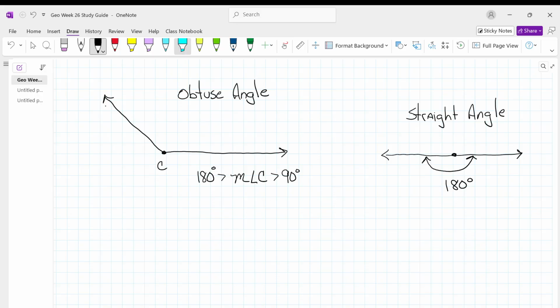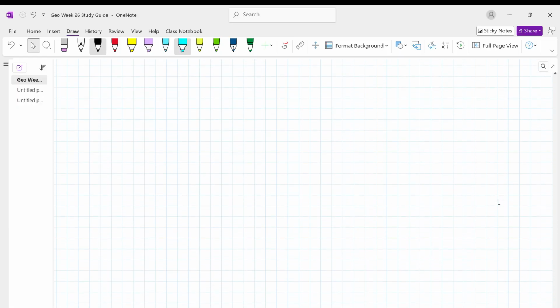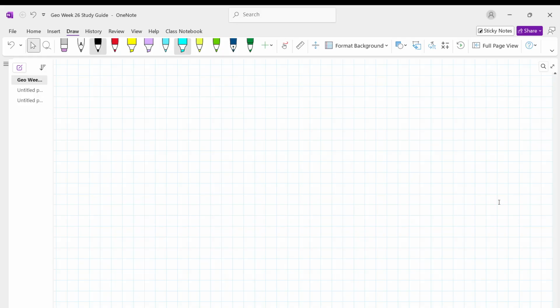All right, bottom of page 39, you see a highlighted term, angle bisector. Let's get that definition in your notes.